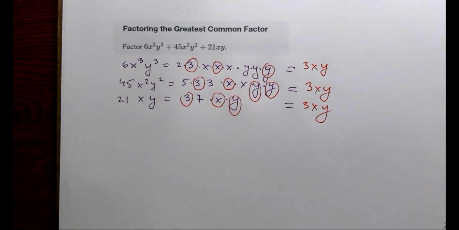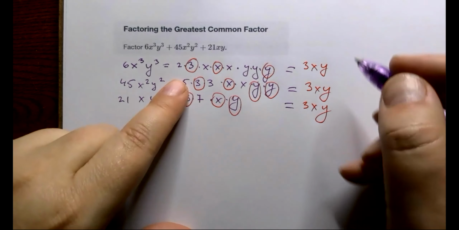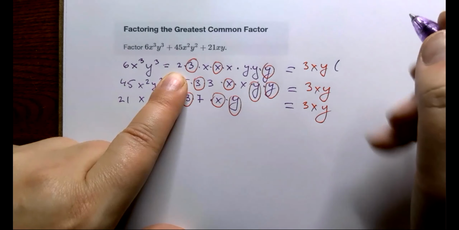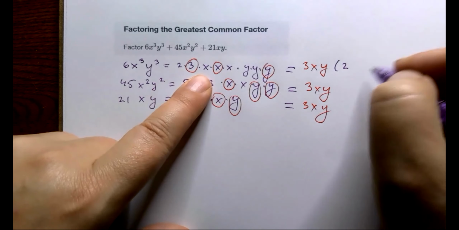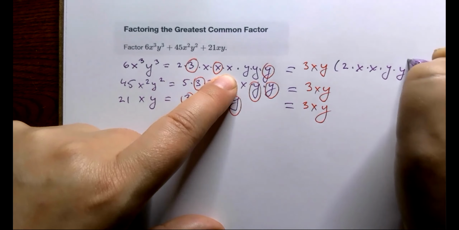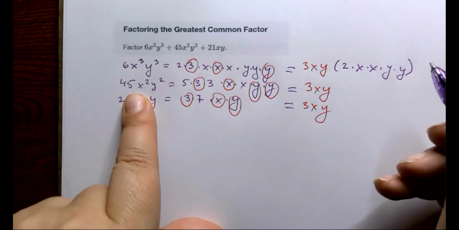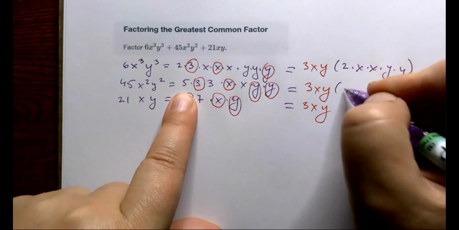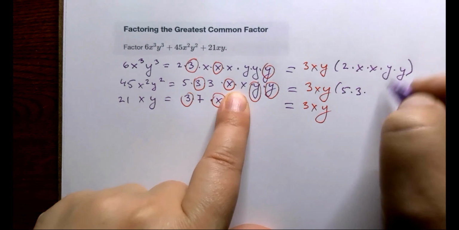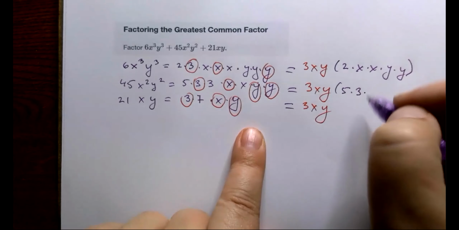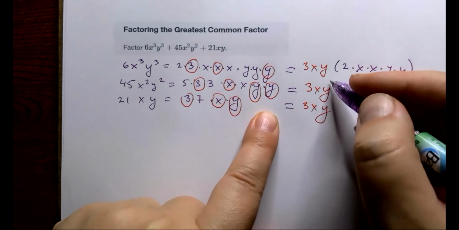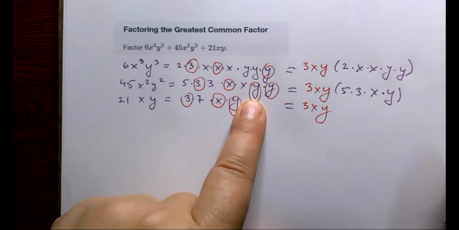Now the question is, what do we have left? Well, from the first one, 6x cubed y cubed, we have 2 and an x and an x and 2 y's. Now for the second one, we have 5 left, another 3, another x. And it's only one y that we pulled out, so I'm going to have one more here.